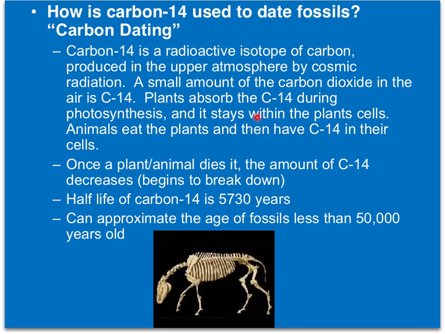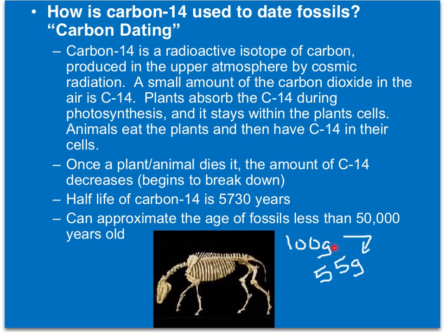And then animals eat them, and then they have the carbon-14 in it. And then once these plants or animals die, or you can actually even test it while they're alive, they begin to break down. So when we did those half-life problems, carbon-14 has a half-life of 5,730 years.